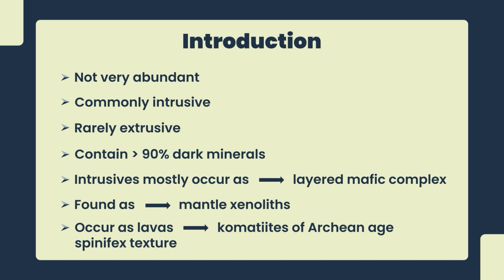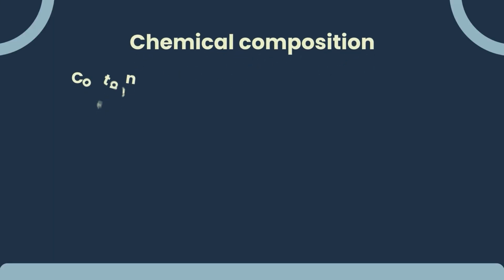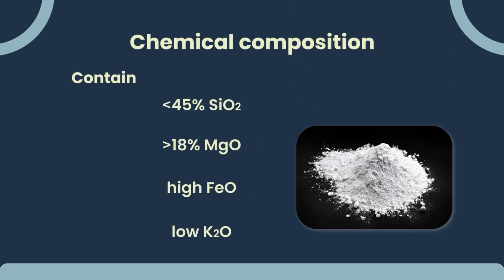These rocks also occur as lavas, especially during the Archean age, in which spinifex texture is found in komatiites, which are the volcanic variety of peridotites, ultramafic rocks. These rocks contain low silica.